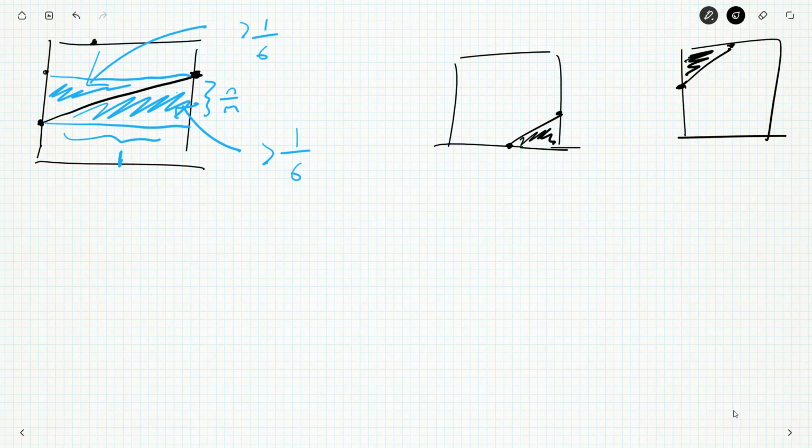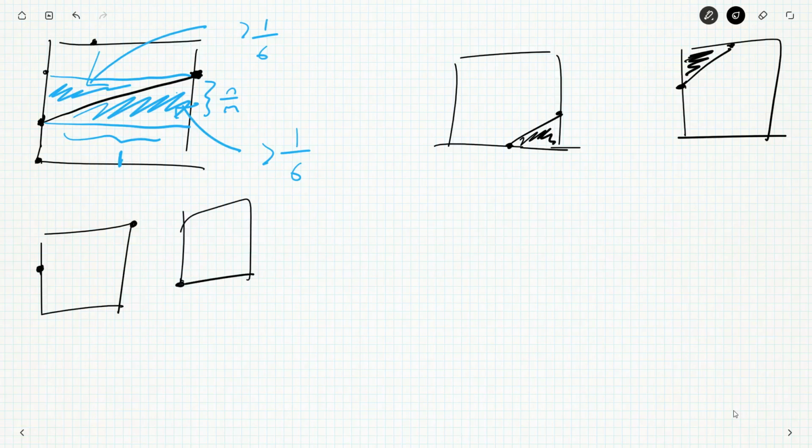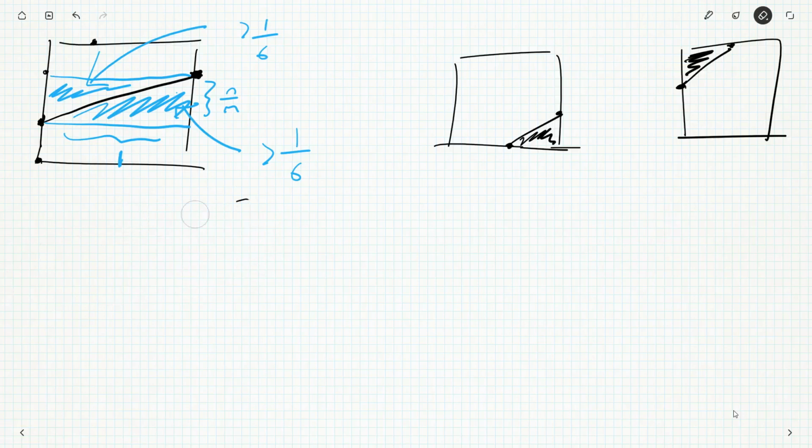Enter here, leave here. That's allowed. Enter here, leave here. That's allowed. Well, I suppose we could enter in on the left and leave by a corner. That's allowed, but again, that's symmetry of entering in through a vertex. Can't go vertex to vertex because that's going to have a height of 1. That's not allowed.